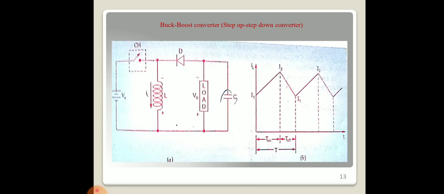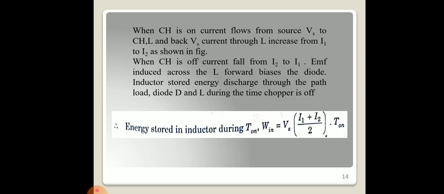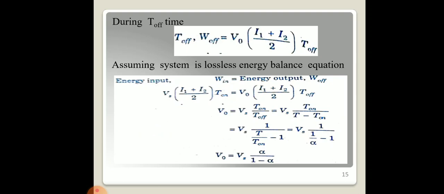And the diode is forward biased by the inductor during T off time. So the energy stored during T on time is equal to Vs times (I1 plus I2) divided by 2 times T on, and the energy released during T off time is equal to V0 times (I1 plus I2) divided by 2 times T off.